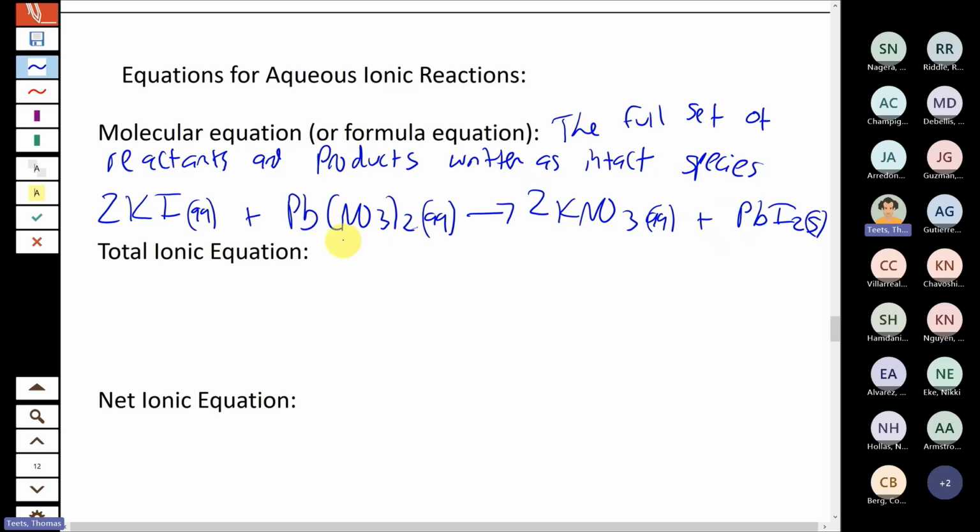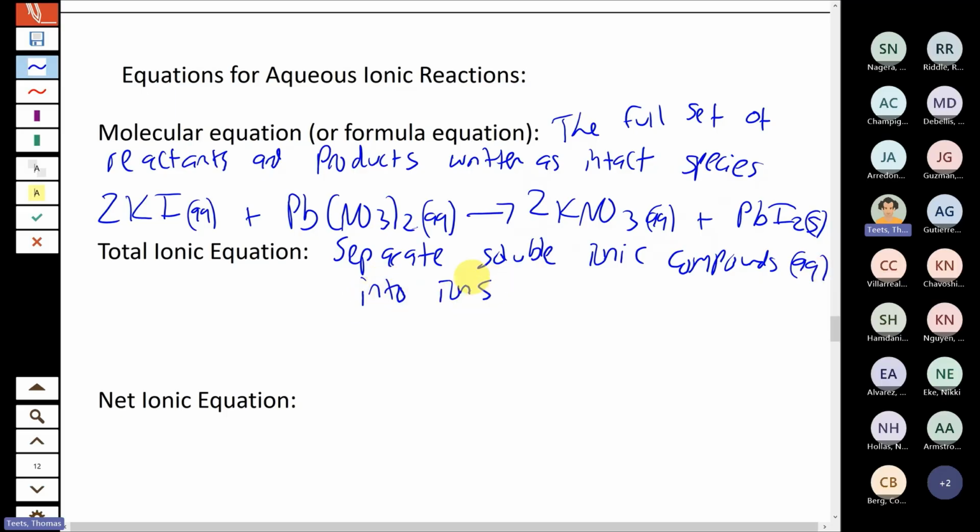For the total ionic equation, we separate any of the ionic compounds that are soluble into their ions. Again, the soluble ionic compounds in an aqueous chemical equation are the ones that have AQ next to them, based on the solubility rules. We separate those into ions in the total ionic equation, because when something is dissolved in water, if it's an ionic compound, it will break up into its individual ions.